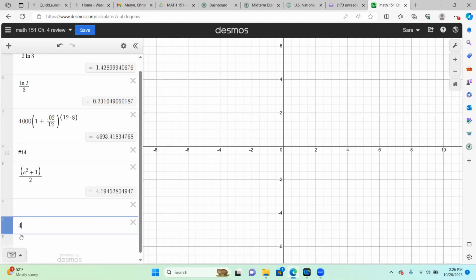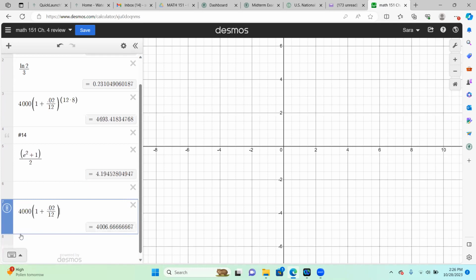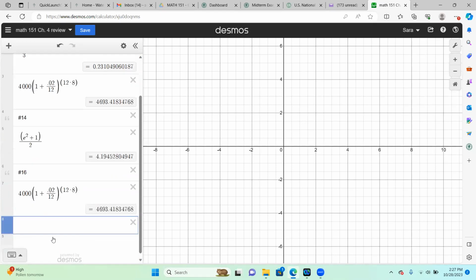That's going to be $4,000 times 1 plus 0.02 over 12, raised to the power. So it looks like we will have $4,693.42 in our account after 8 years, compounding monthly.